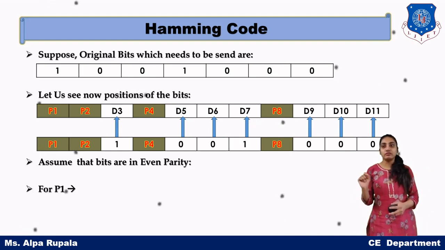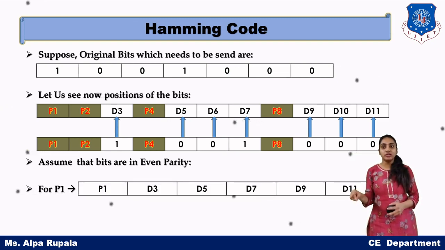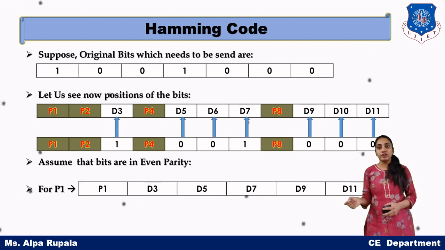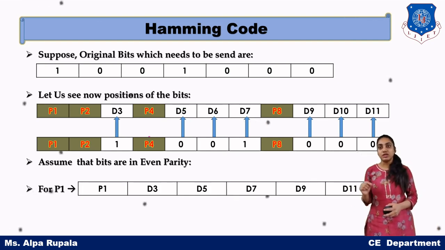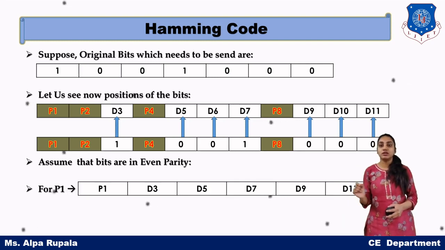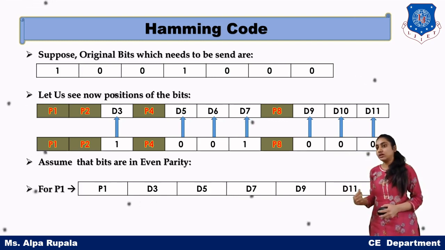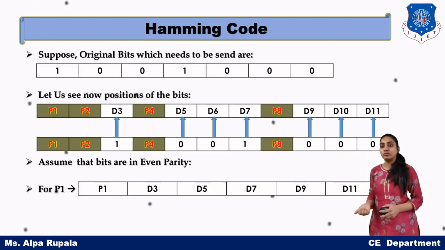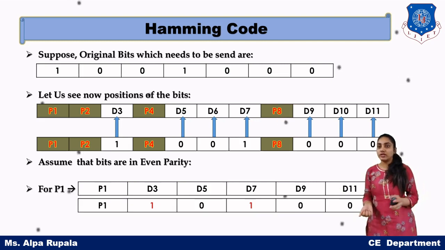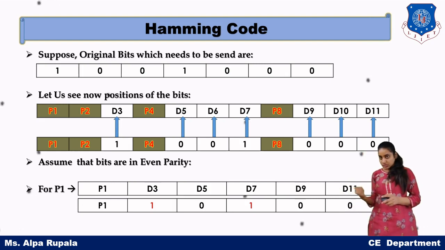Starting from P1: P1 is checked, P2 skipped, D3 checked, P4 skipped, D5 checked, D6 skipped, D7 checked, P8 skipped, D9 checked, D10 skipped, D11 checked. According to this we get our data bit sequence for P1 calculation, and replacing the data, it is 1 0 1 0 0.